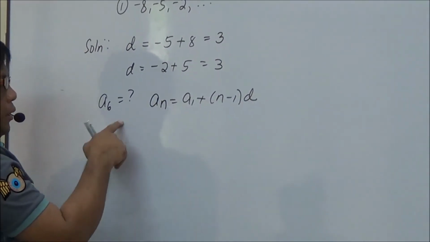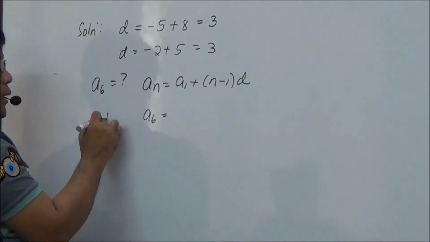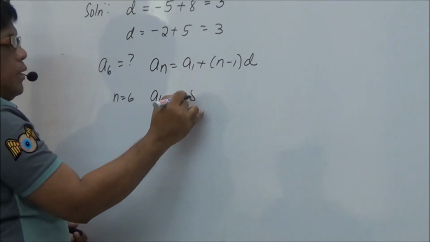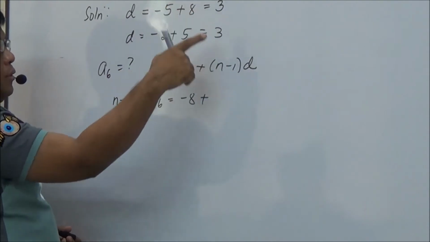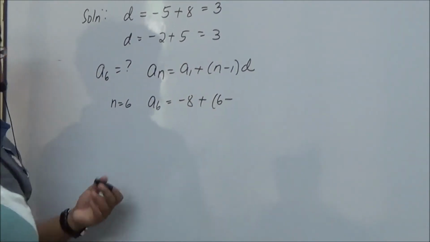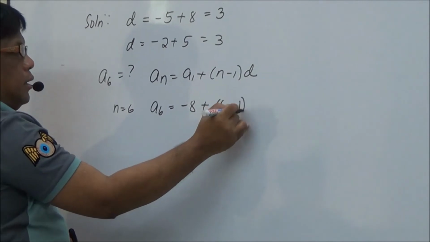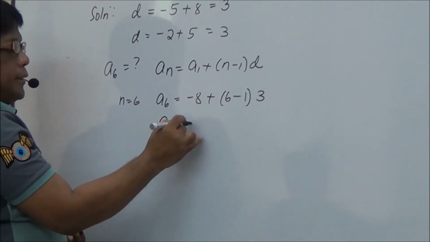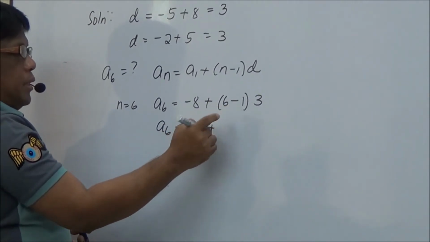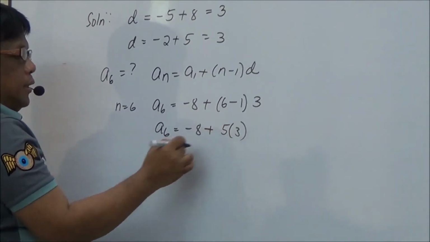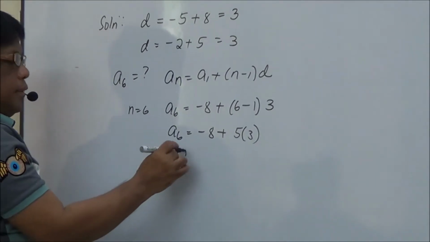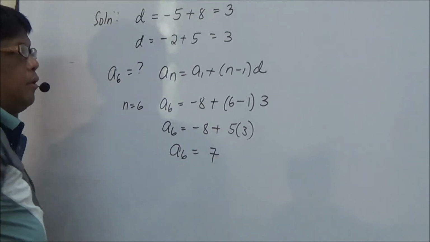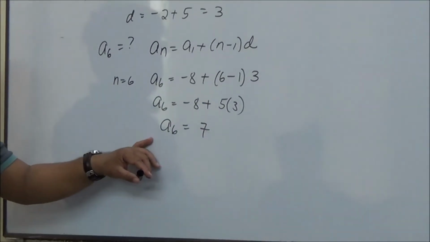Replacing n with 6, a1 is the first term, negative 8, plus (6 minus 1) times t, where t is equal to 3. So a sub 6 is negative 8 plus 5 times 3, which is negative 8 plus 15, equals positive 7. That is your sixth term.